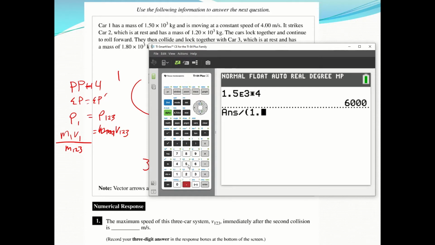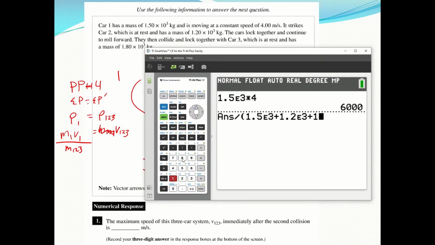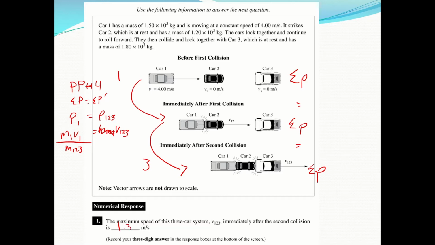So 1.5 times 10 to the 3 plus 1.2 times 10 to the 3 plus 1.8 times 10 to the 3. And we get 1.33. So our answer is 1.33.